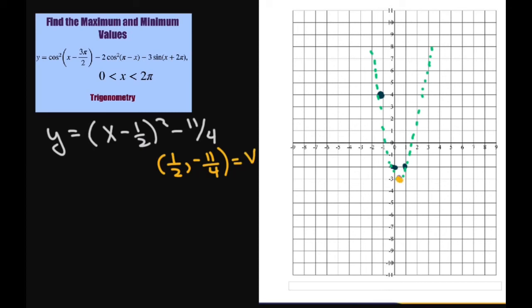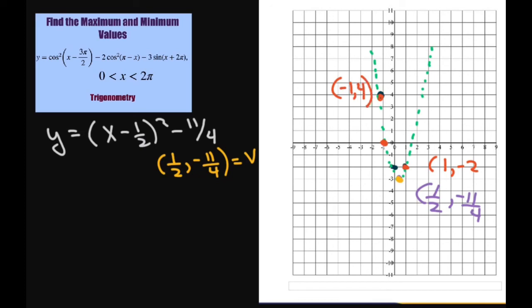At x is 1, we had negative 2. So this point here is 1 comma negative 2. And when x is negative 1, we had 4. So this point here is going to be negative 1 comma 4.